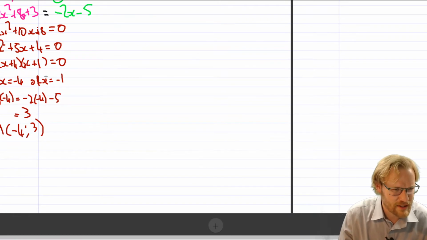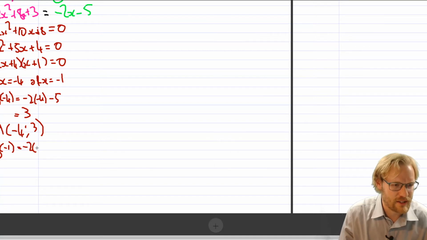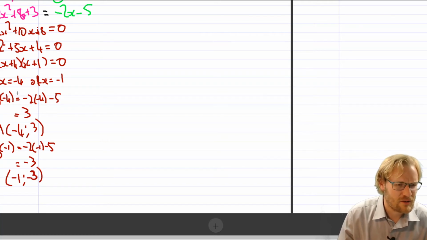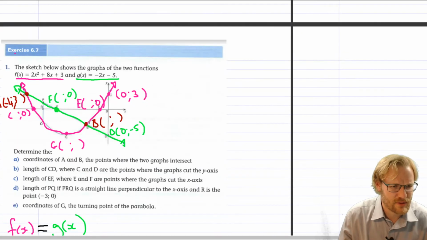Okay, what else do we need? Or x equals minus 1. To find out what the y value is, g of minus 1 is minus 2 times minus 1 minus 5, which equals 2 minus 5, which is minus 3. So when x is minus 1, y is minus 3. What exactly did we work out there? The other place where they're equal to each other.